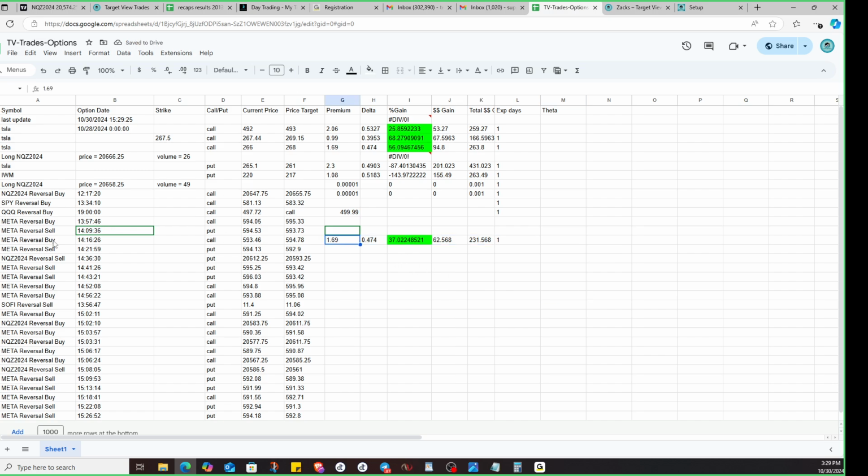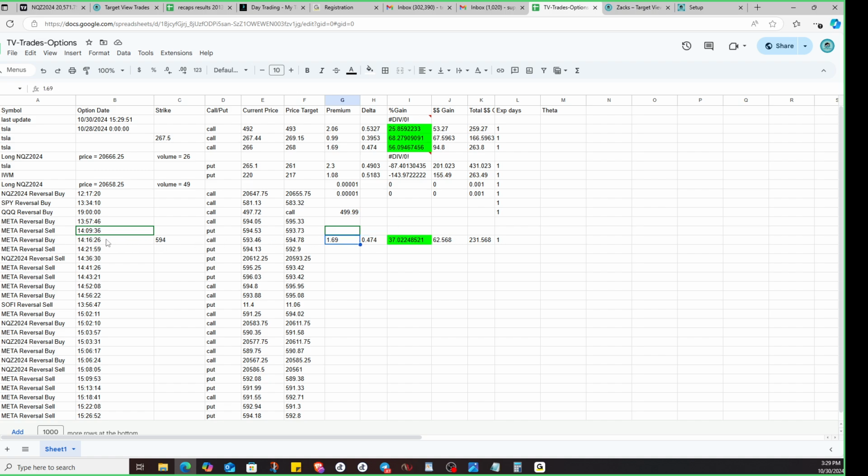And now, whatever this is for the call option, for the meta reversal buy, 93.46. So you'd be looking for a strike price around 93, or probably 94, something like that, right? And you put in your strike price right here. You put in your strike price over here. It'd be 594. And then in here you would enter the premium, what it costs you to buy the option, and what the delta is, and it would calculate all the rest of this stuff for you.